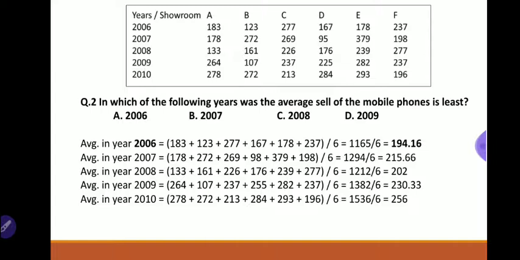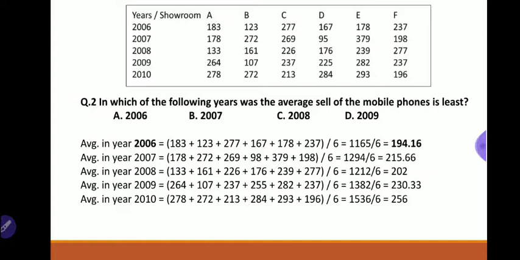Sale of all showrooms in 2007 is 1294, which is more than sale in 2006. So like that, just find the addition in each and every year. You will get that in 2006 the addition is least.